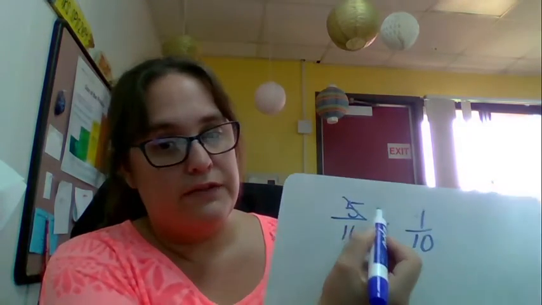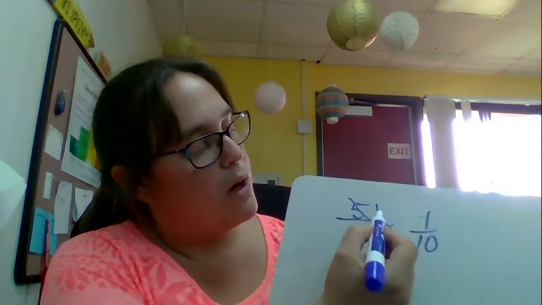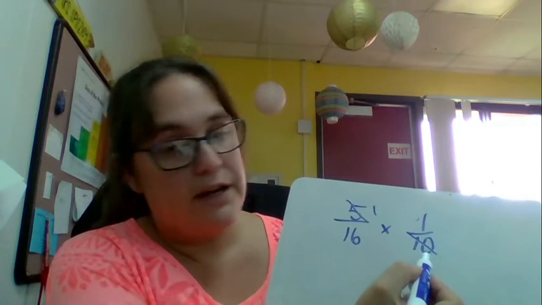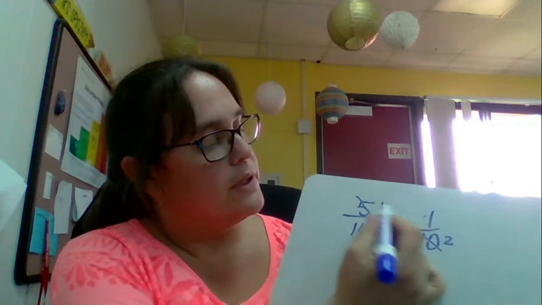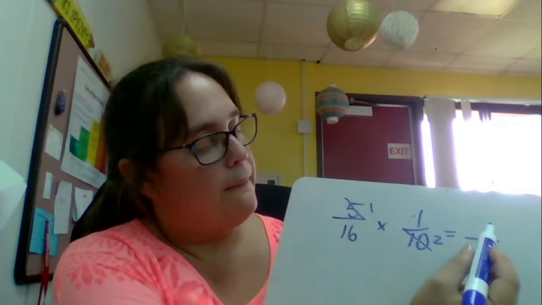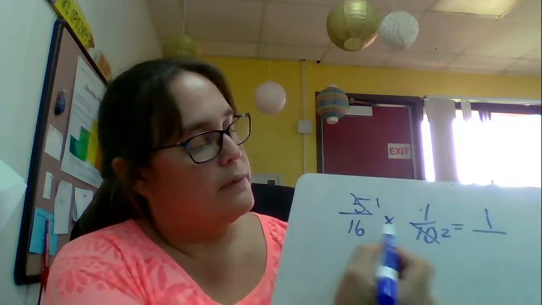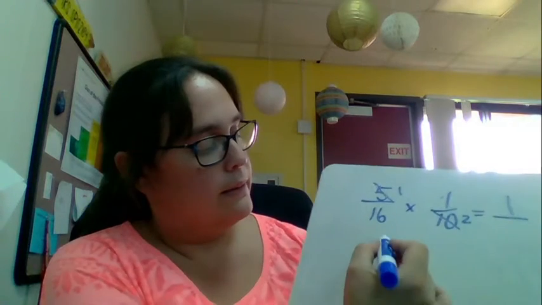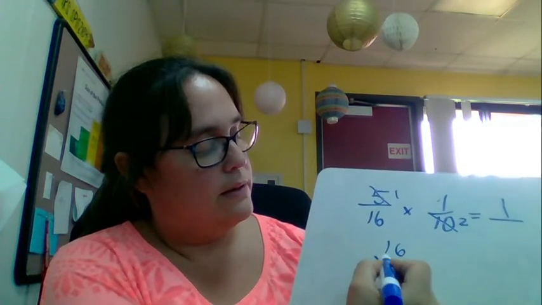5 divided by 5 is 1. 10 divided by 5 is 2. Now I can multiply straight across. 1 times 1 is 1. Is this on the multiplication chart? So don't panic. Come down here.